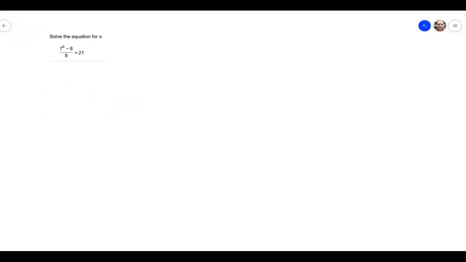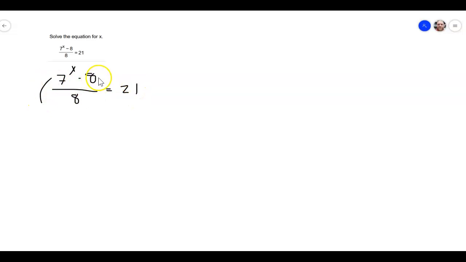So for a problem like this, the first thing we want to do is isolate this term 7 to the x. So I can multiply both sides by 8. So let me go ahead and write this down. So I have 7 raised to the x minus 8 all over 8 is equal to 21.